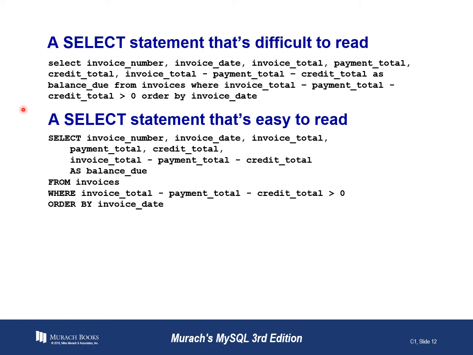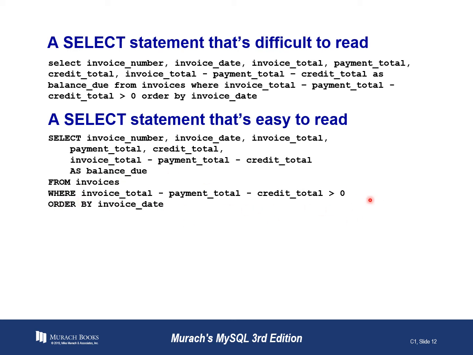In the first example, you can see that there is no capitalization, there is no indentation, the from clause is somewhere in the middle, the where is somewhere in the middle as well. It's really hard to read, right? And in the second example, if you're looking for the condition, for example, what condition does this work on, you just know exactly where to look. Your eyes will directly go there. It's the where clause. And you can just see that, oh, invoice total minus payment total minus credit.